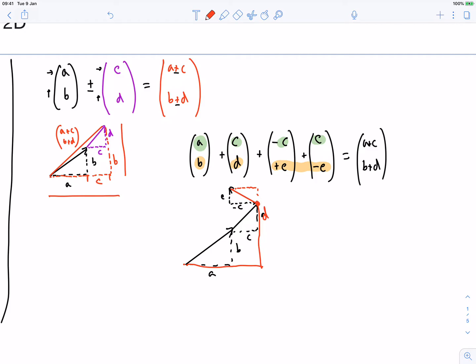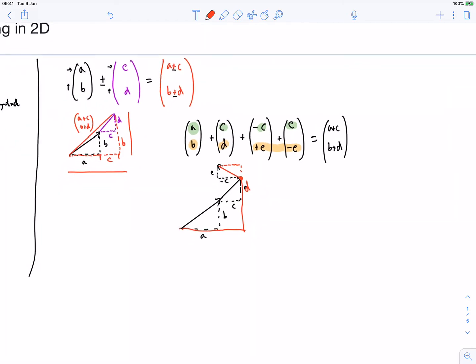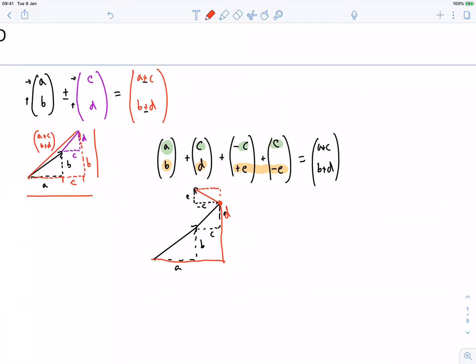Yeah, it's really bizarre. So what's important is this thing here. We could call that lots of things, but generally it's called the resultant vector. It's the end result. Okay, and the key point about vectors is the only thing that matters is the start position and the finish position.